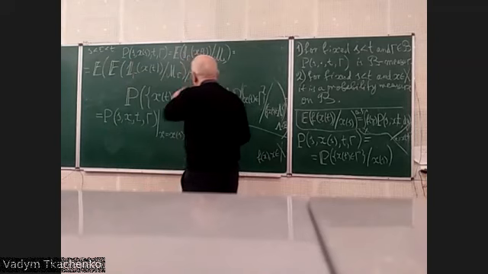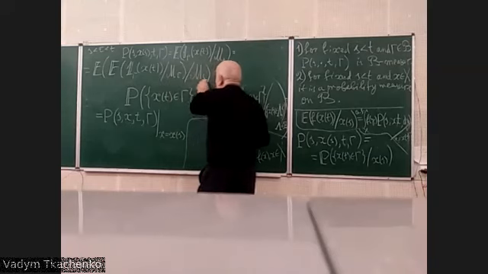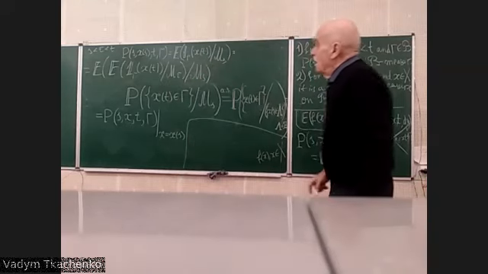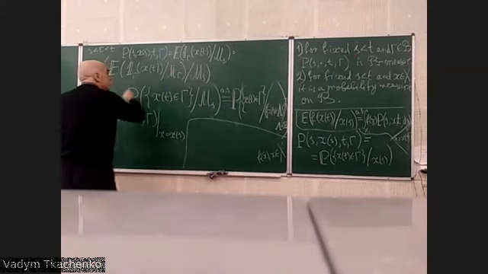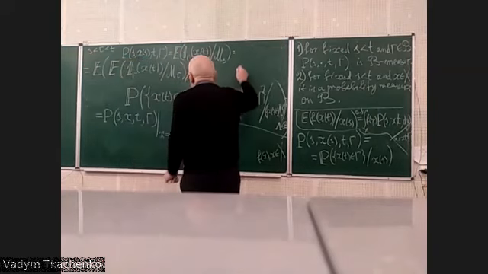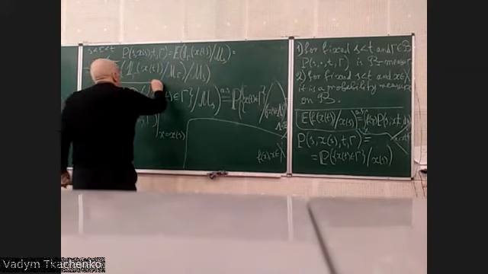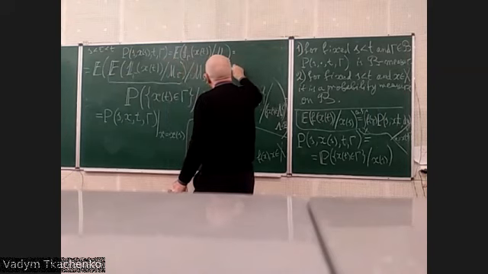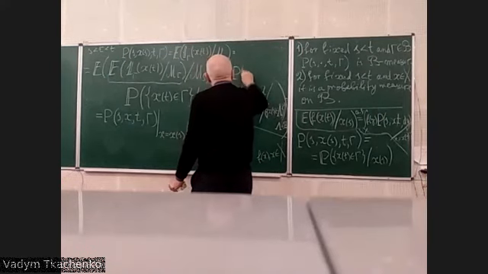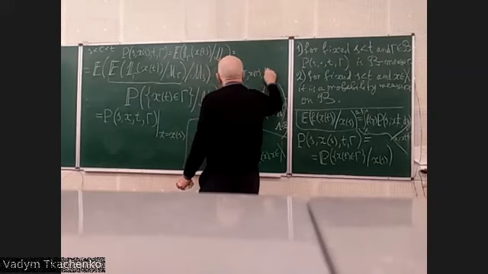So this sigma algebra is a part of this one. And now this term can be written as p tau x of tau t gamma.